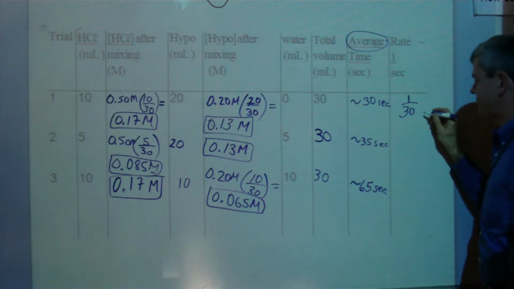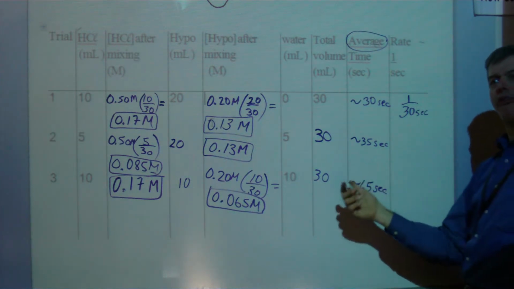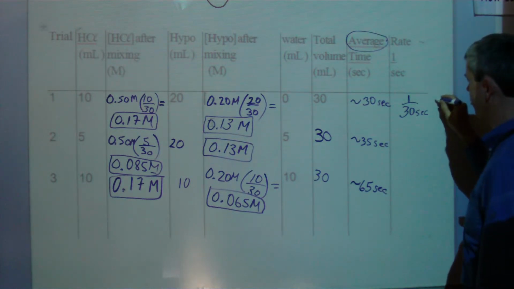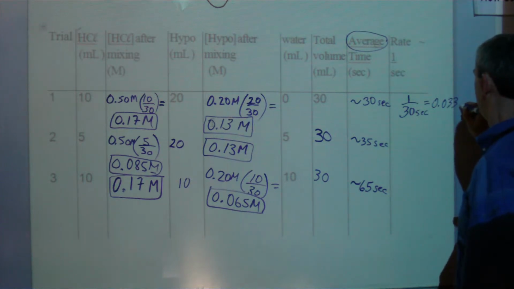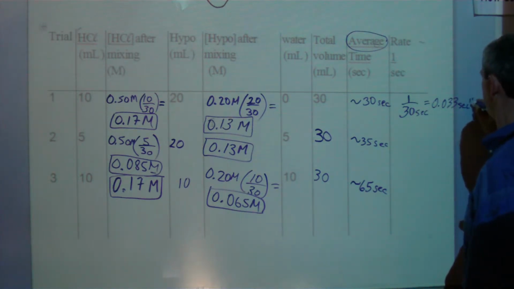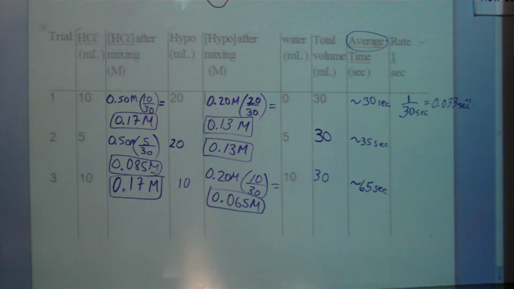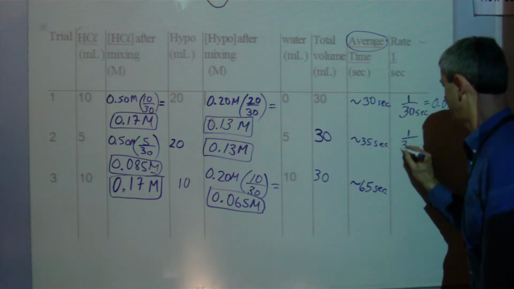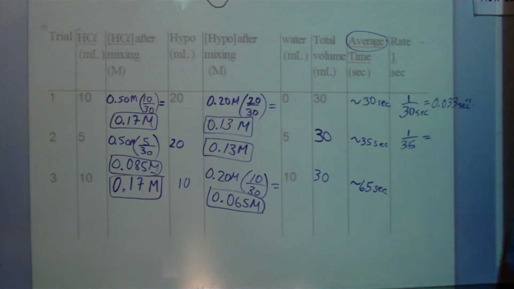So 1 over 30 seconds is a rate of 1/30th, is 0.033 per second, or reciprocal seconds, seconds to the -1. 1 over 35 for my second experiment, I'm just calculating that, is a slightly smaller number, but not very much smaller.